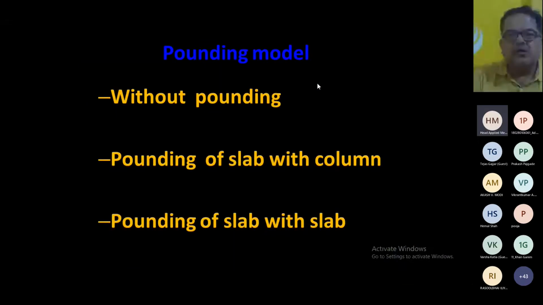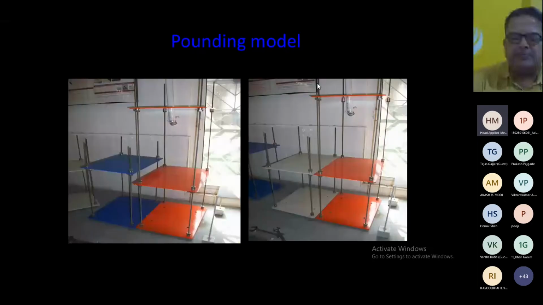So we prepare a model of pounding: pounding of slab with the column, pounding of slab with the slab, right? We'll see that. Here, the models are created in such a way that both have different frequencies, right?